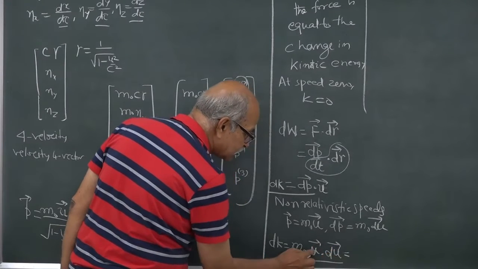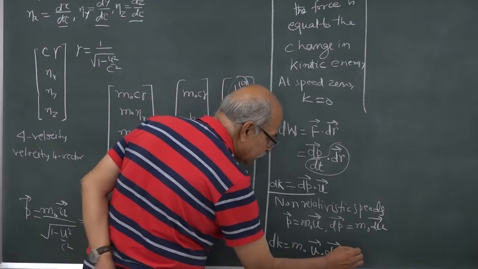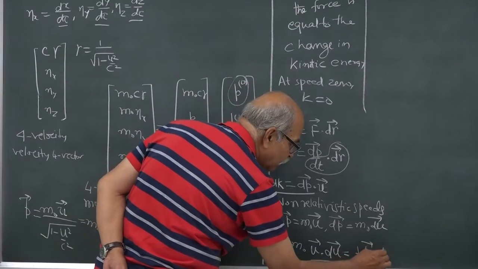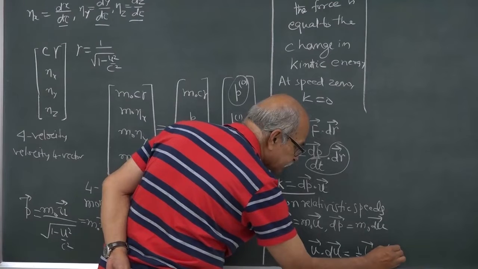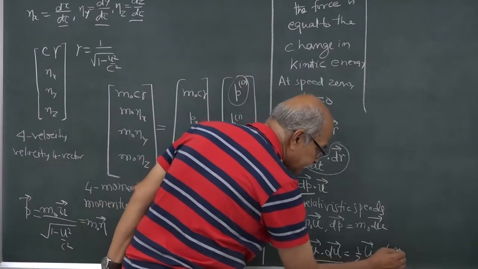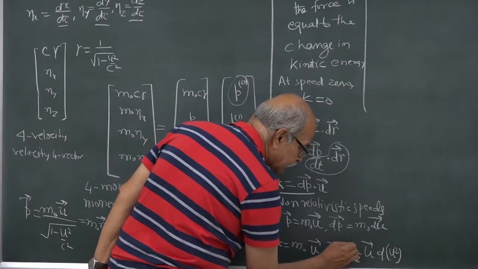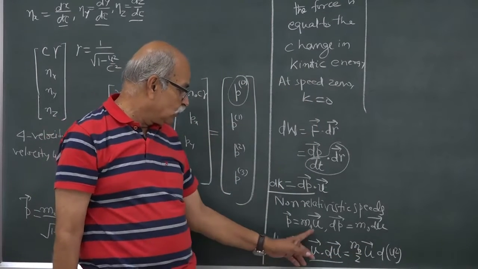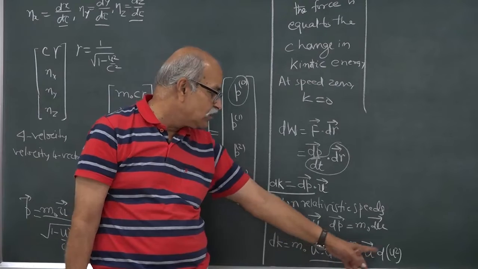And this quantity, this u dot du is half d of u square. So, let me write m naught here, m naught and then u dot du, that is half d of u square.